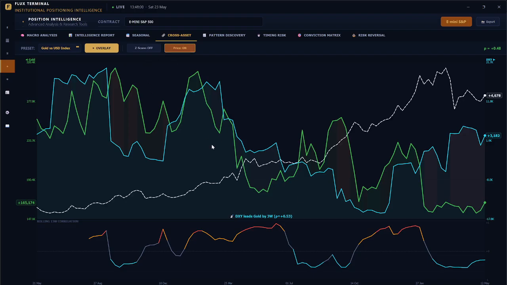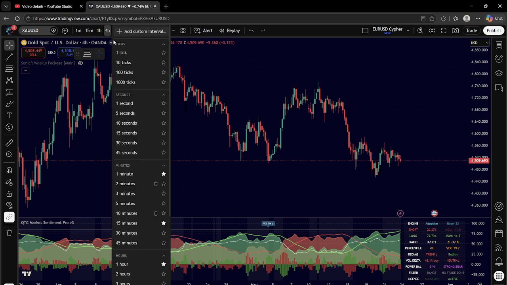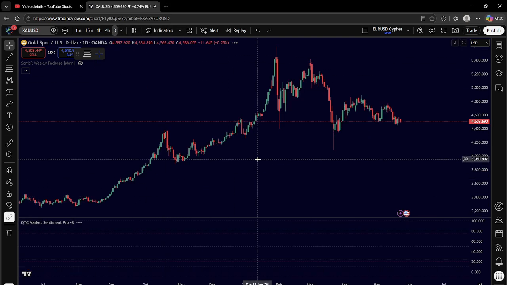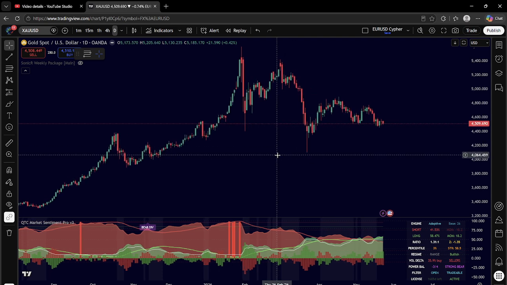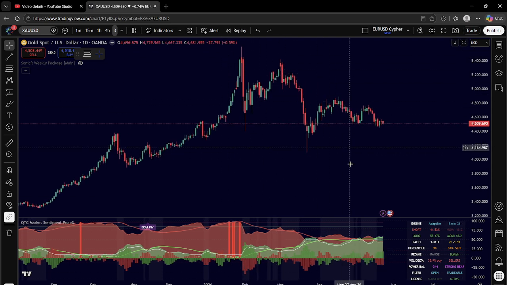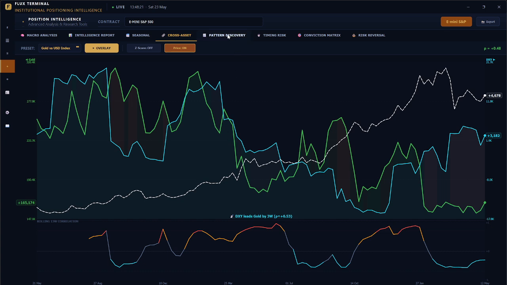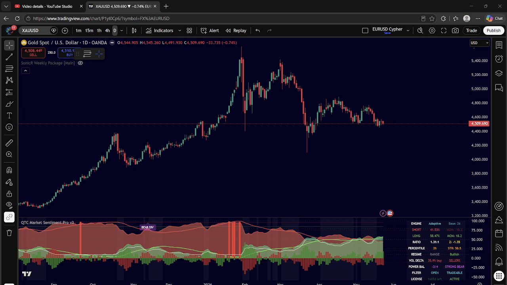You also have the price, where you can see how price is playing when the cross is happening. So this is where the cross happened. That is gold's highest price. If we're looking at daily, we can see it clearly. The reason I'm showing you gold on this chart for now, not showing you the pattern discoveries, is because I don't want to spoil the next one.